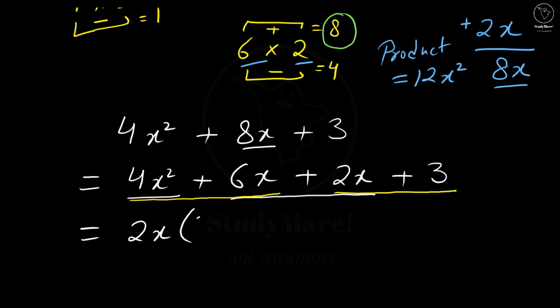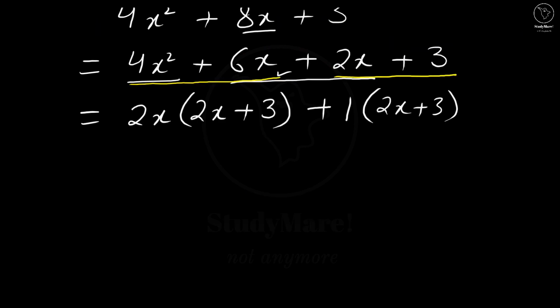So we are left with 2 here and x here plus 6x. 2x is out. So if we multiply 3 into 2x, we will get 6x. That is what we have done here. And here nothing is common. That means we can simply put 1 and 2x plus 3, which is equal to 2x plus 3.